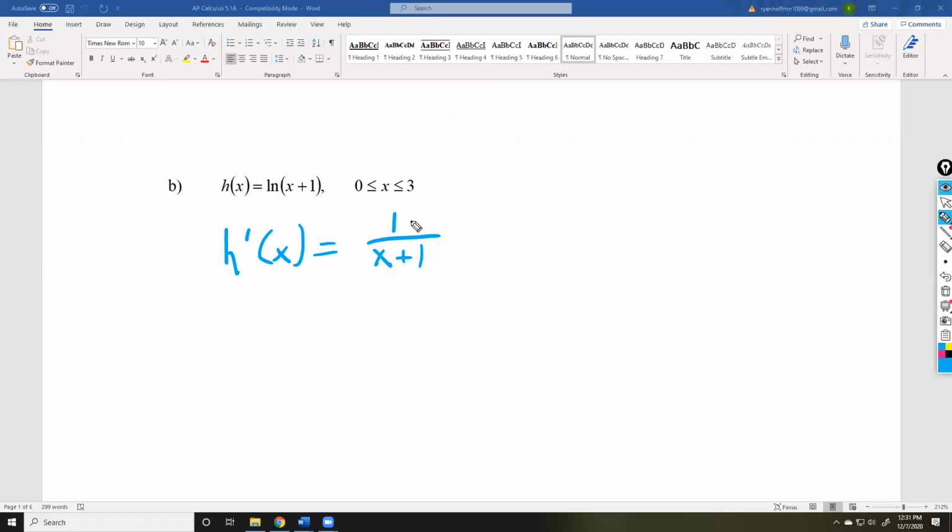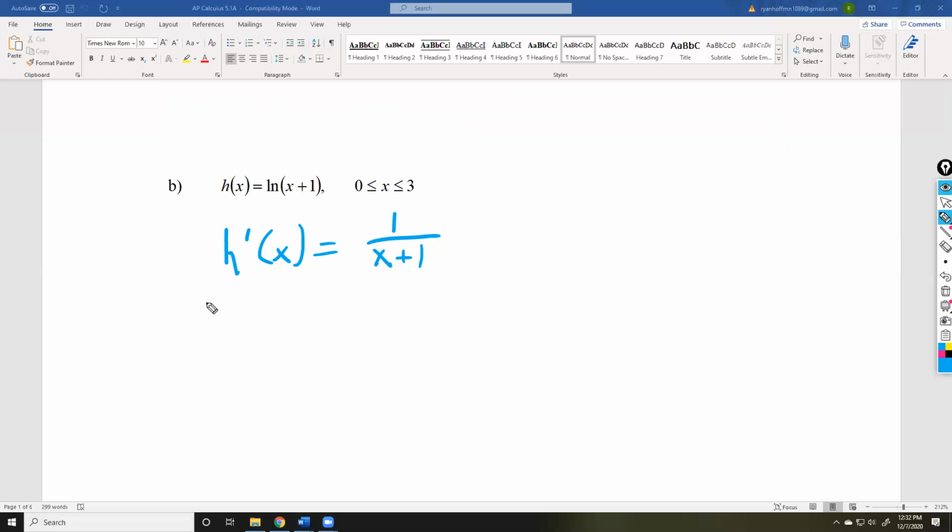We need the chain rule, but our derivative of x plus 1 is just 1. And so we're going to find where this derivative equals 0, and where this derivative does not exist. Those are the points that we're interested in.